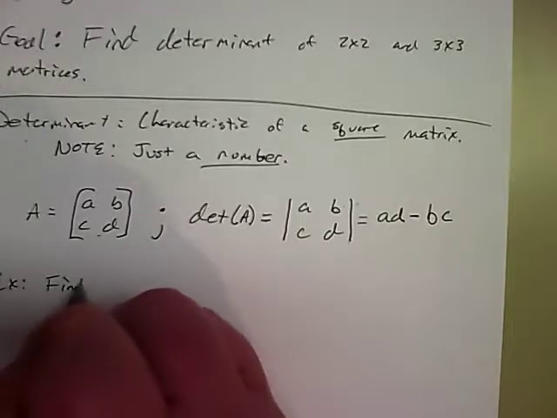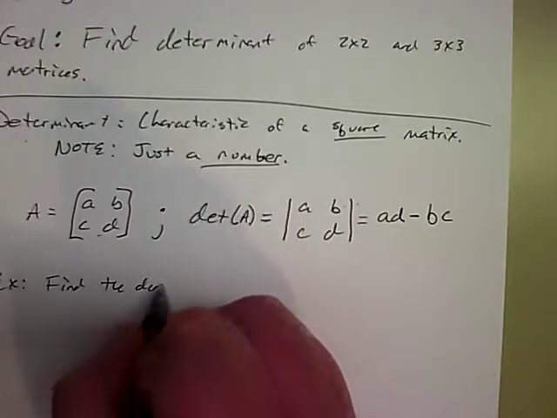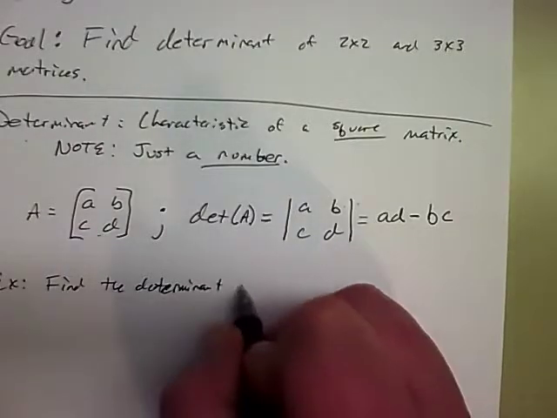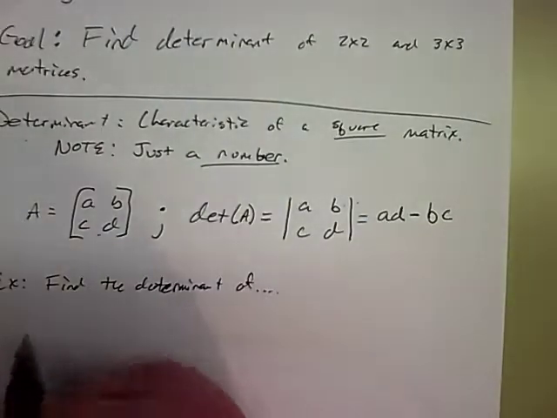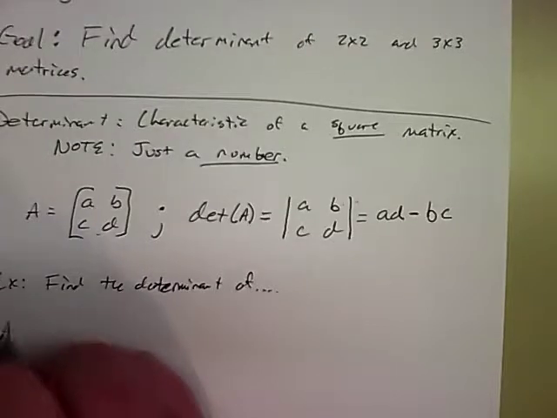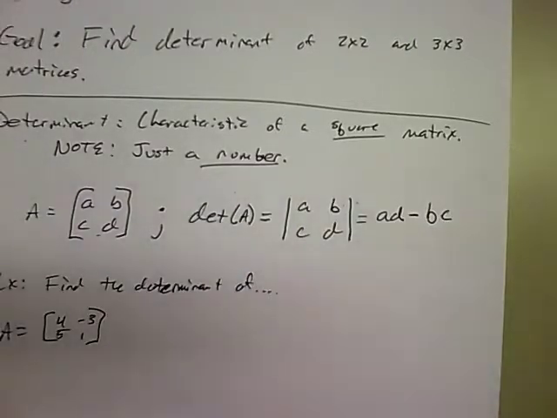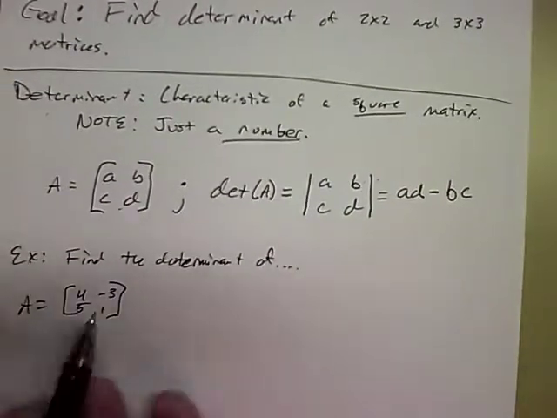So let's do an example. The directions are going to say something like, find the determinant of A equals 4, -3, 5, and 1. All right, so we're going to find the determinant of this.